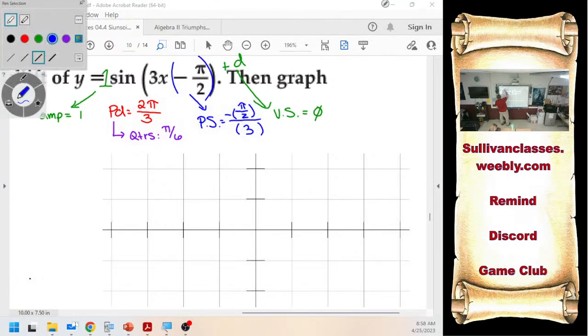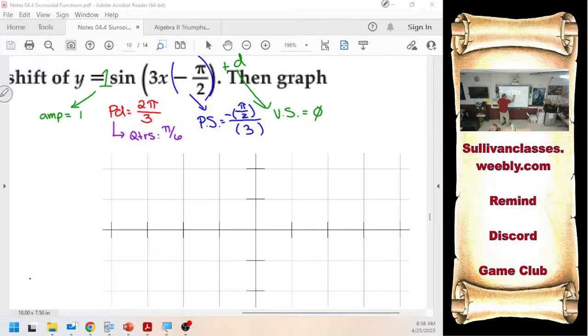Here. Better? Okay. So a negative negative is positive. Pi over 2 over 3 is the same as pi over 2 times 1/3.